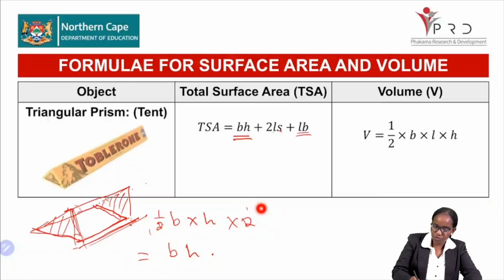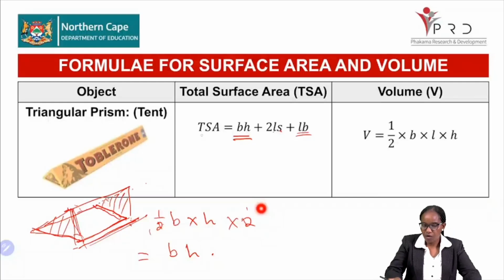This is the formula. So in total, the total surface area of our triangular prism is base times height plus 2 times length times side plus length times breadth, the base. And the volume is half the base times height times length.